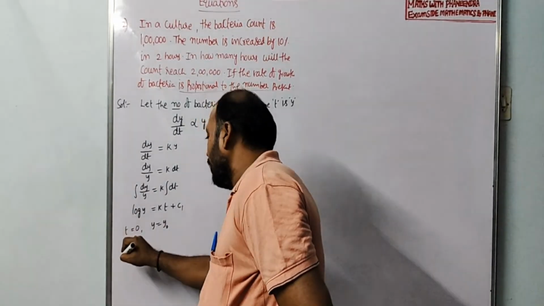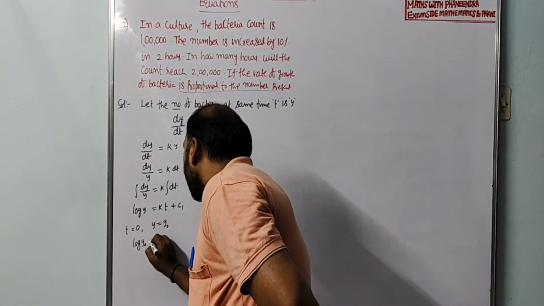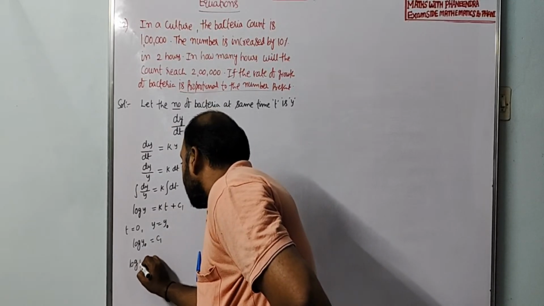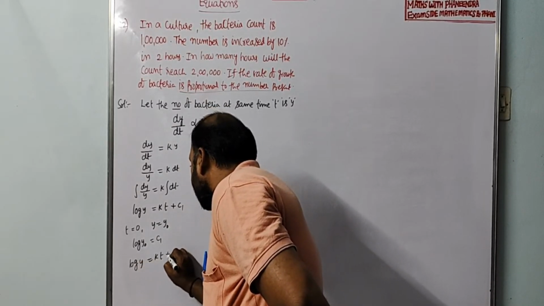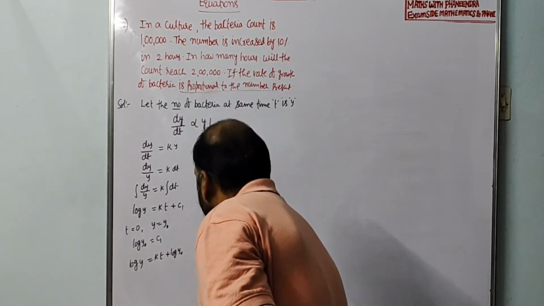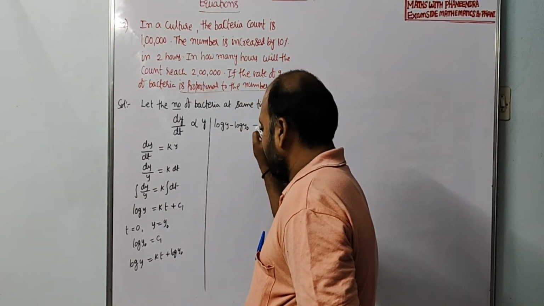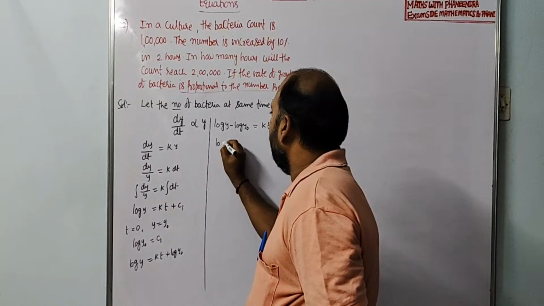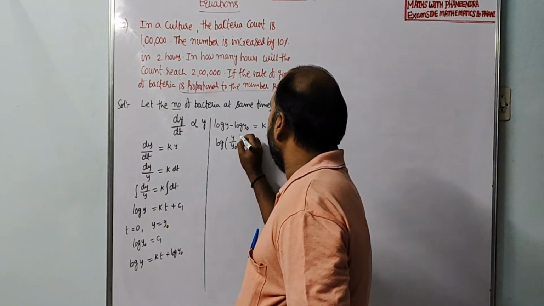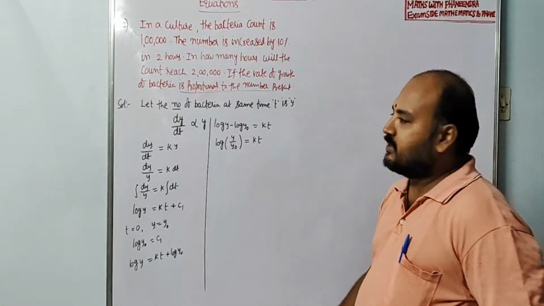So log y naught equal to k into 0 plus C1. So it will become log y equal to kt plus log y naught. You bring this side, it will become log y minus log y naught is equal to kt. Log a minus log b is log a by b. So log of y by y naught equal to kt. I hope you understand this, students.